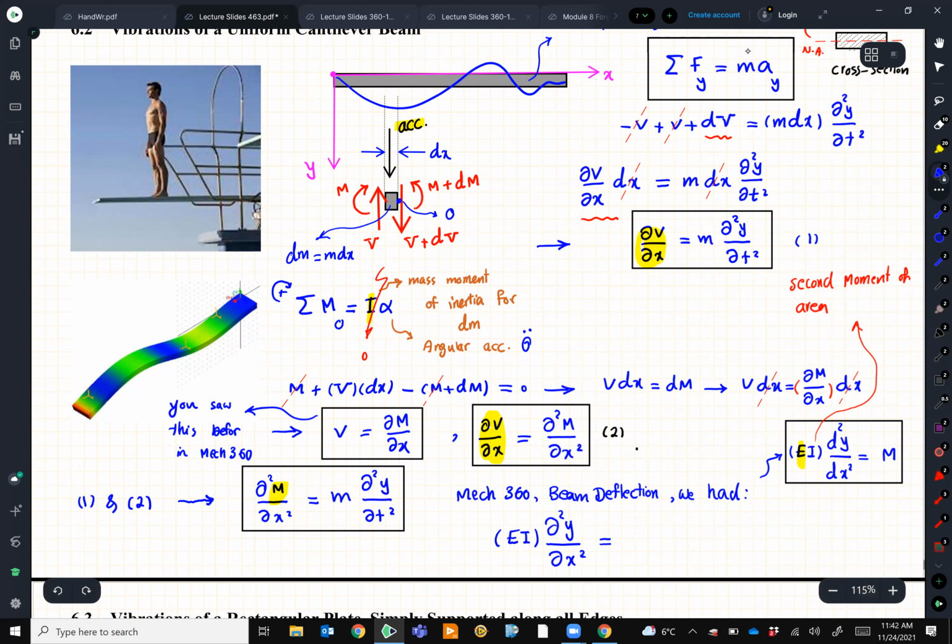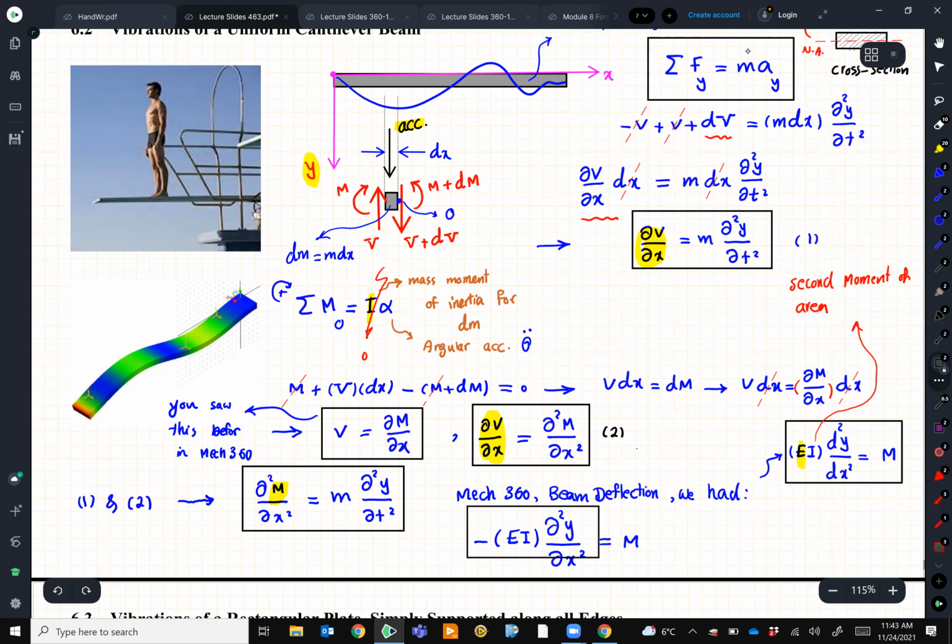Another thing that I need to be careful about is the direction of y. In MEC 360, usually we consider y to be upward. So I should put a negative somewhere here, although it doesn't matter at the end, but just to be exact, because right now I pick my y downward. For the sign to work out, I should have a negative sign there. So that's my solid mechanics relation for a beam.